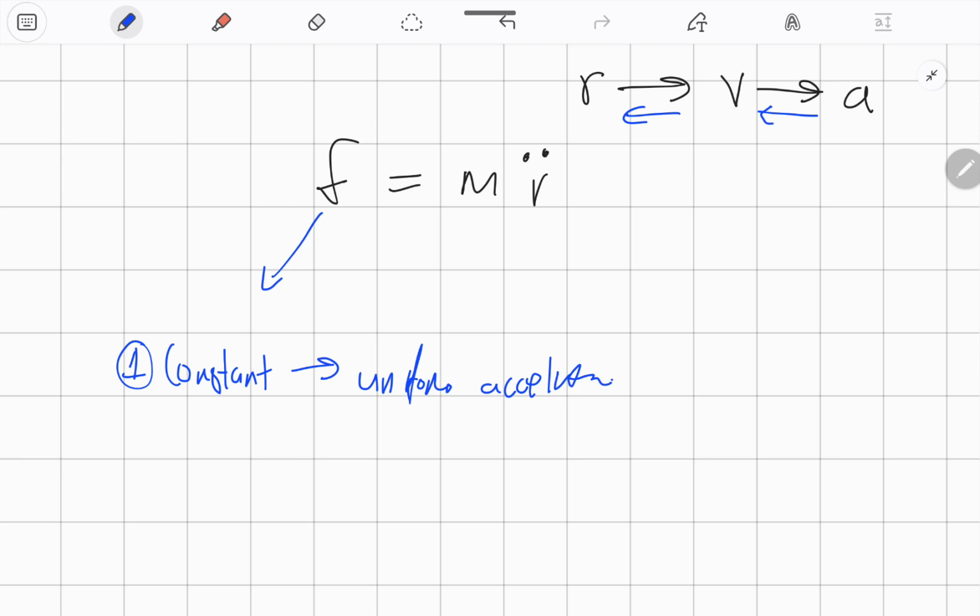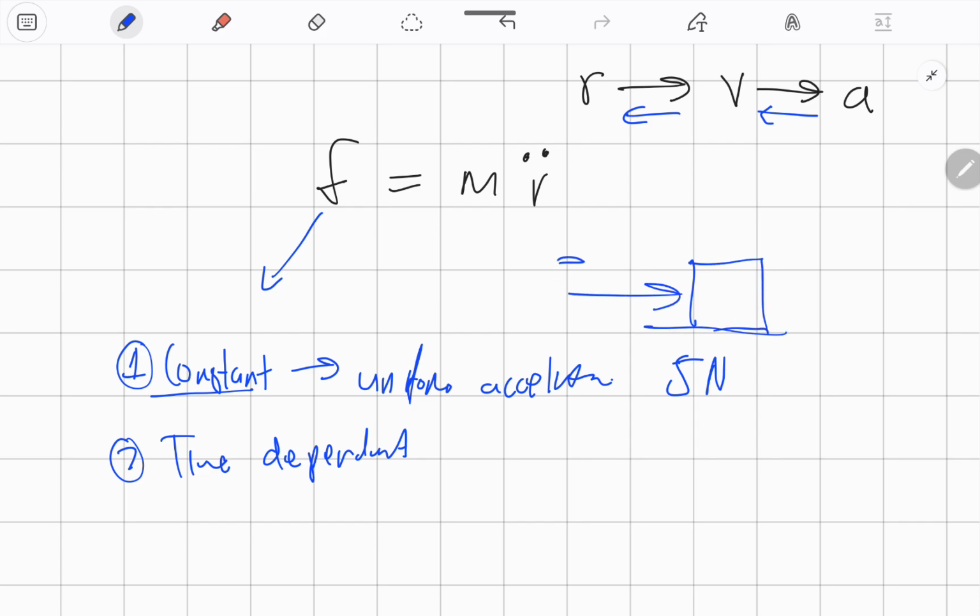Another force that you could get is time dependent. Here the force was the same, maybe 5 Newtons, like the one that you did in high school. There was a box with 5 Newtons, so that was a constant one.